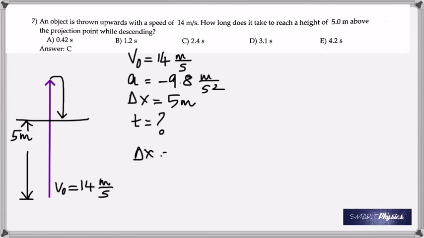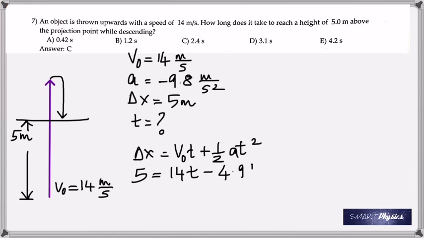So when you plug it into this equation, delta x is v naught t plus 1/2 at squared. Delta x is 5, and you have 14t, and 1/2 times negative 9.8 is going to be negative 4.9. So that's how you have that. Once again, you end up with a quadratic equation when you rearrange.